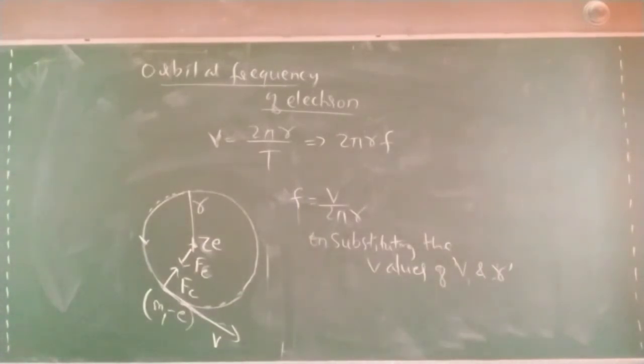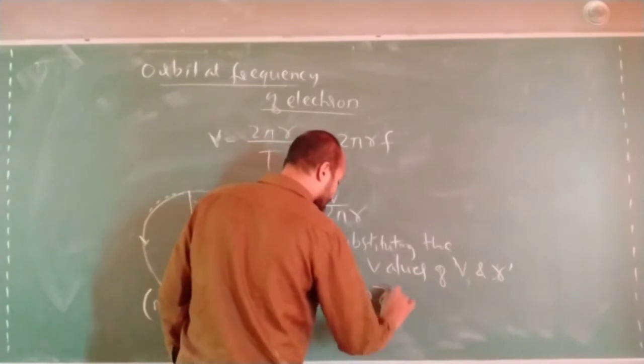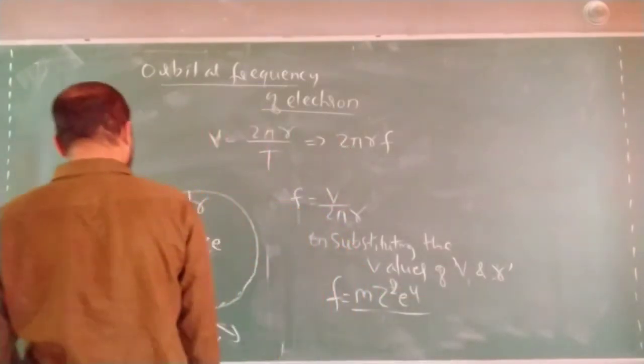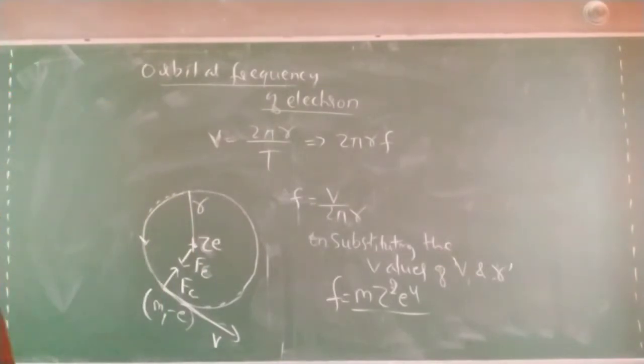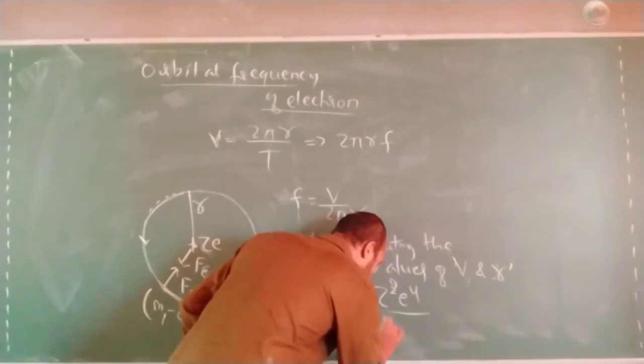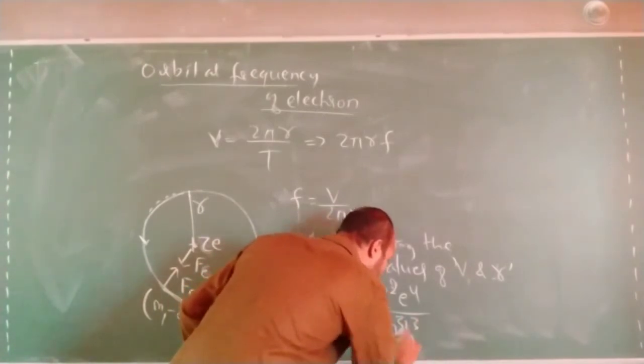You are going to get m into Z square e to the power of 4 divided by 4 epsilon naught square n cube into h cube.